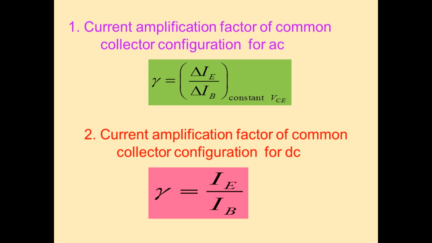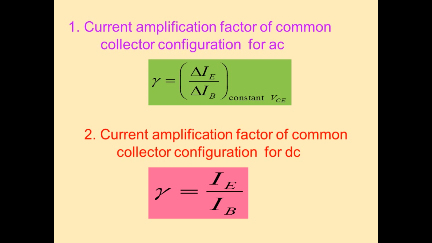And already you know that IB is 2% to 3% of IE, and IC is 97% to 98% of IE. So here we have gamma equal to IE by IB. Obviously the denominator is very less than that of numerator, so gamma value is more.